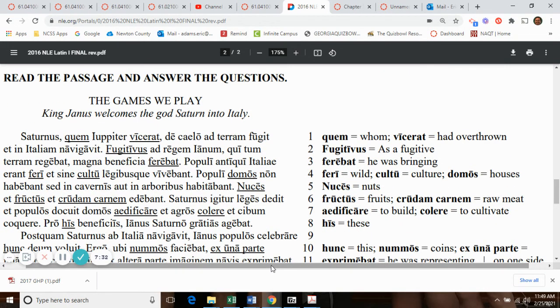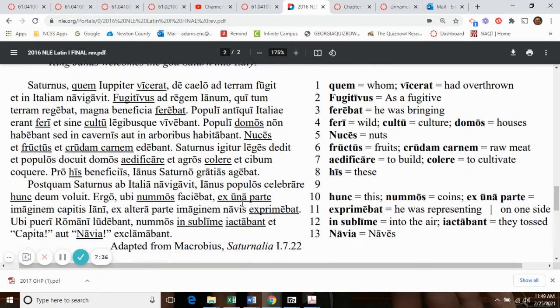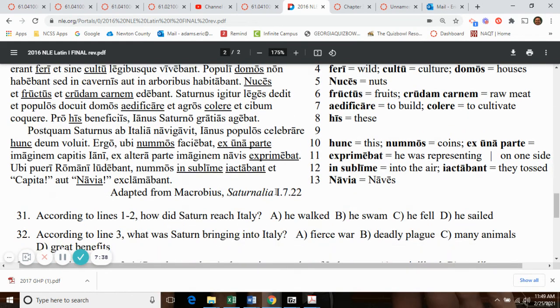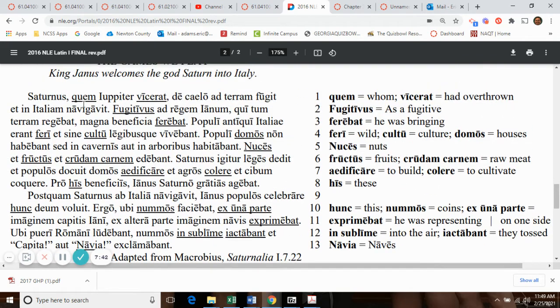So let's take a look at the passage that we have here, and I'm just going to go through it and point out one of the words will be your final one. Hopefully by reading the passage you can understand what you've missed and why. So, Saturnus, whom, and please do always use the help that you have on the right-hand side. So Saturnus, whom Jupiter had overthrown, fled from the sky, caelum, to the earth, ad terram, and he sailed.